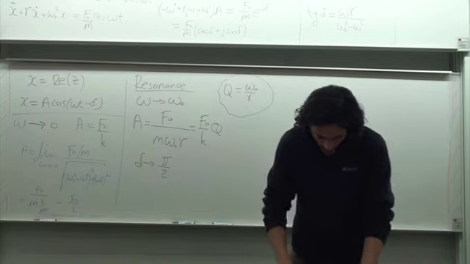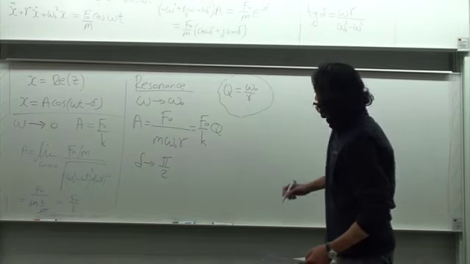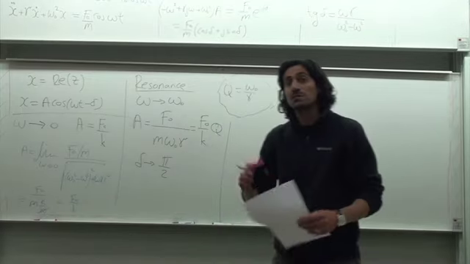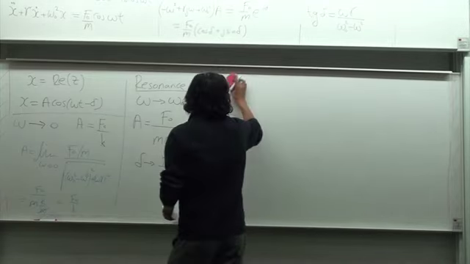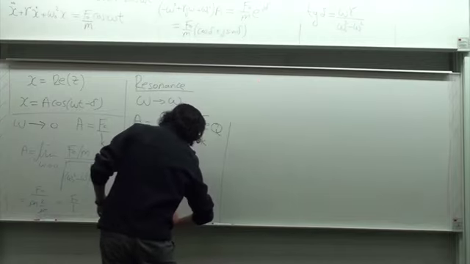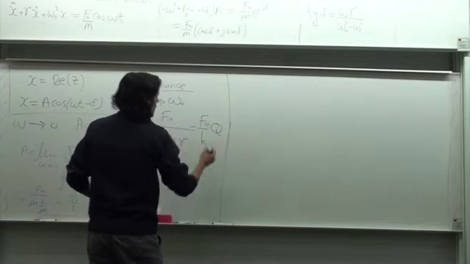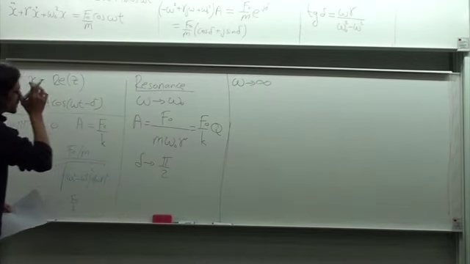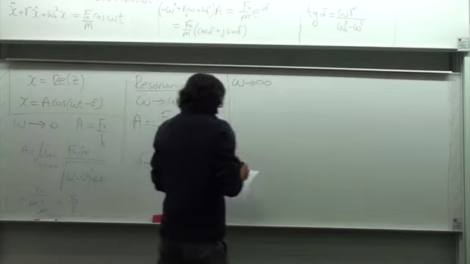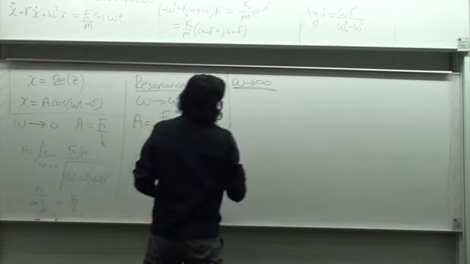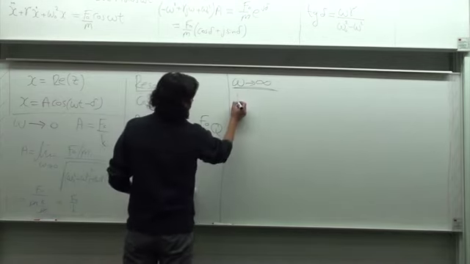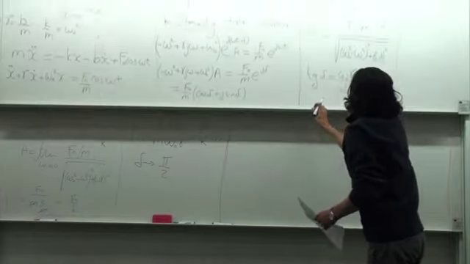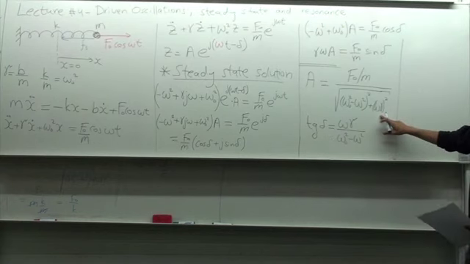Now what happens if we go for the third case, and that is when the frequency is very large, infinitely large. So if omega is tending to infinity, this is the case now, then the amplitude would tend to 0. You see this here immediately.